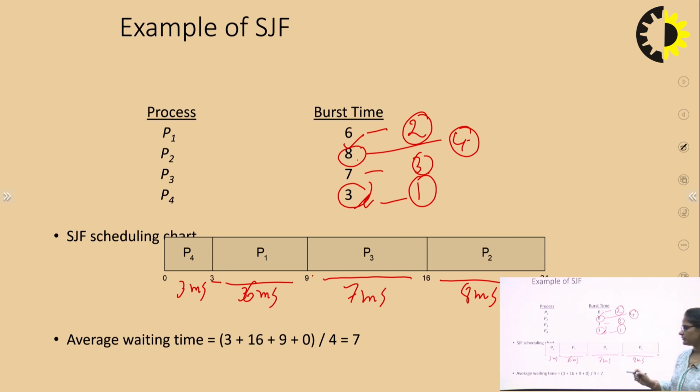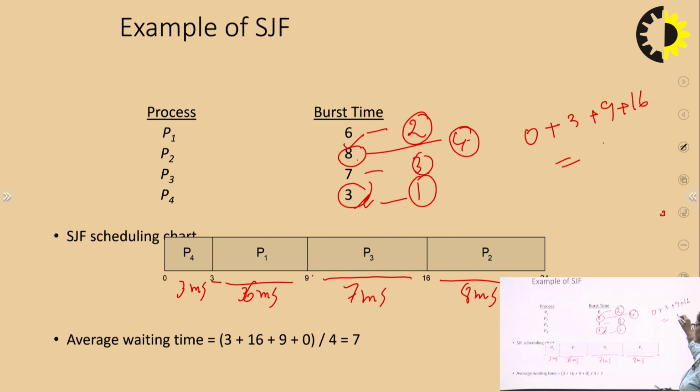So when we calculate the average waiting time, how much did P4 have to wait? 0. P1 had to wait 3. P3 had to wait 9. So 0 plus 3 plus 9 plus, for P2, 16.